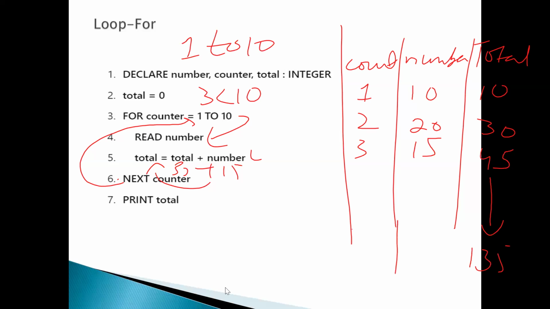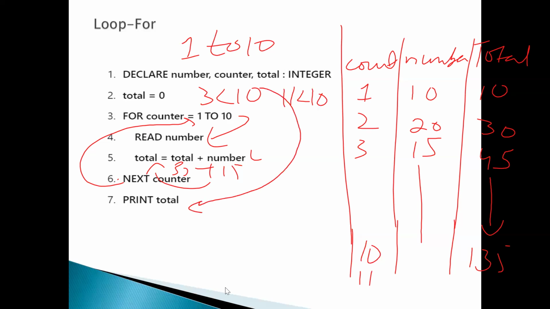So now counter value becomes 11. Is 11 less than 10 true or false? False. So the loop will exit. Your control will come here. Print total. 135 will be printed on screen.